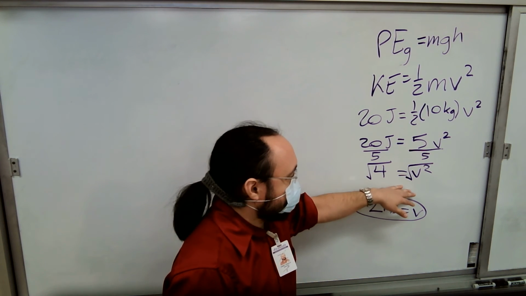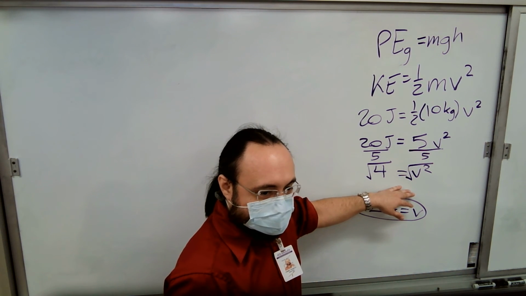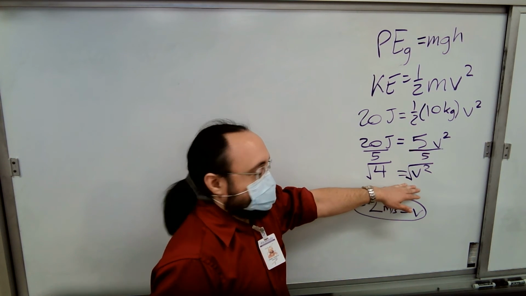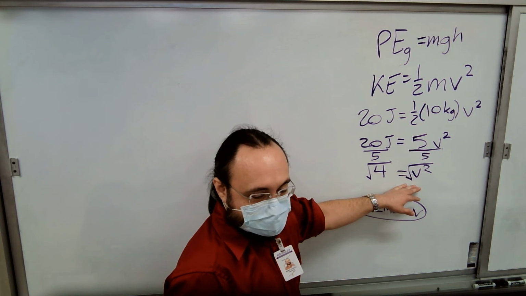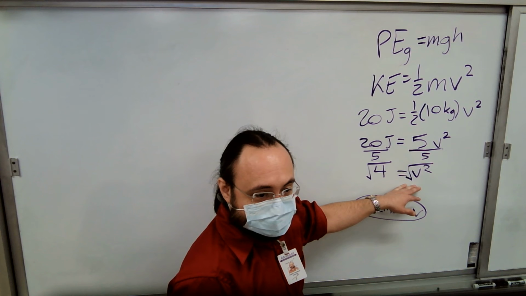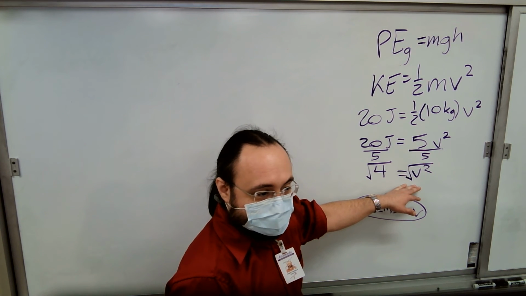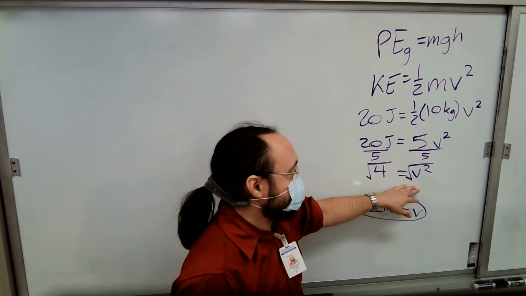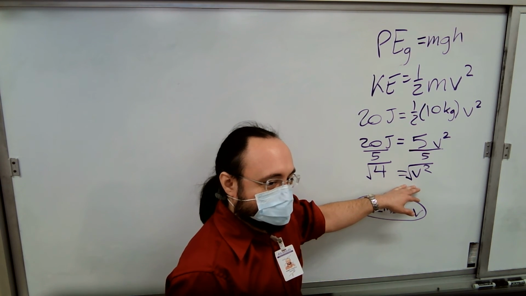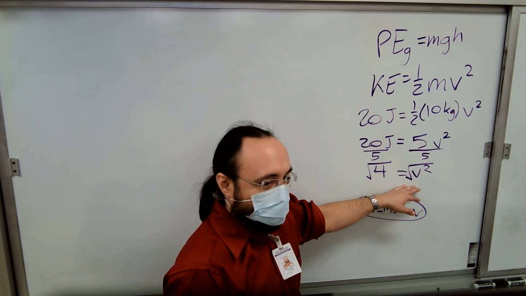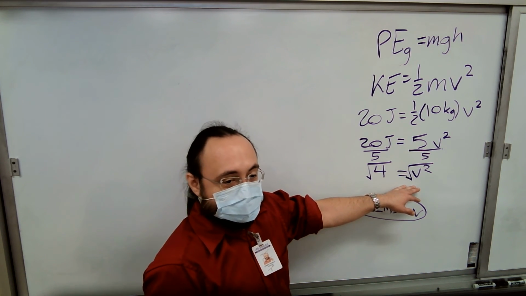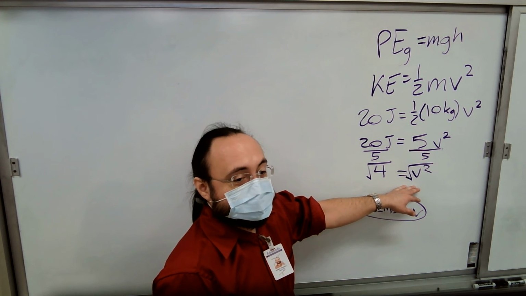Now, here's something I didn't say yesterday that I want to add today. Your math teacher wouldn't say the square root of 4 is just 2. What would they say? Because 2 times 2 isn't the only thing that's 4. You could have positive 2 times positive 2, or negative 2 times negative 2.